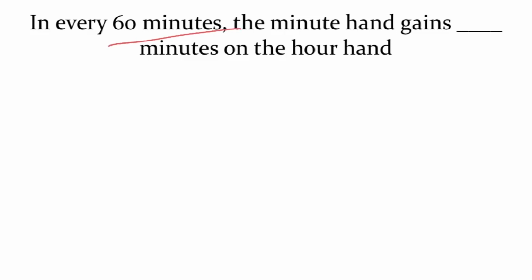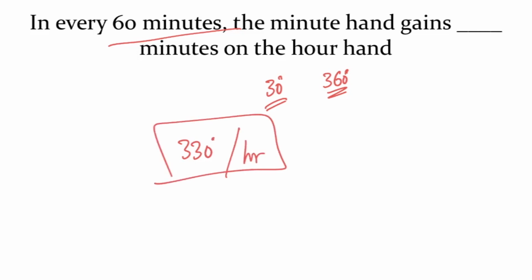In every 1 hour, hour hand makes 30 degrees and minute hand completes 360 degrees of rotation. So minute hand is ahead of hour hand by 330 degrees each hour, which we call relative speed. Relative speed of hands is 330 degrees per hour.